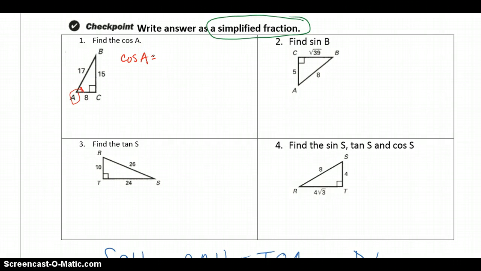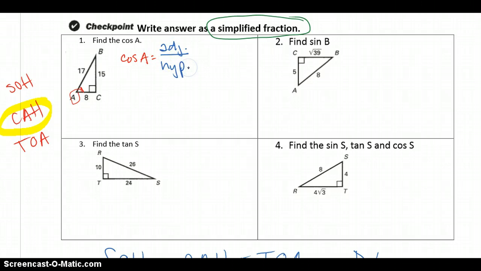How do I spell it? SOHCAHTOA. If you don't know, write it on your paper. So for cosine, yes, I look at adjacent over hypotenuse, A-H. I abbreviate. I'm not going to write out adjacent and hypotenuse every single time. But adjacent over hypotenuse. Which side is adjacent to angle A?